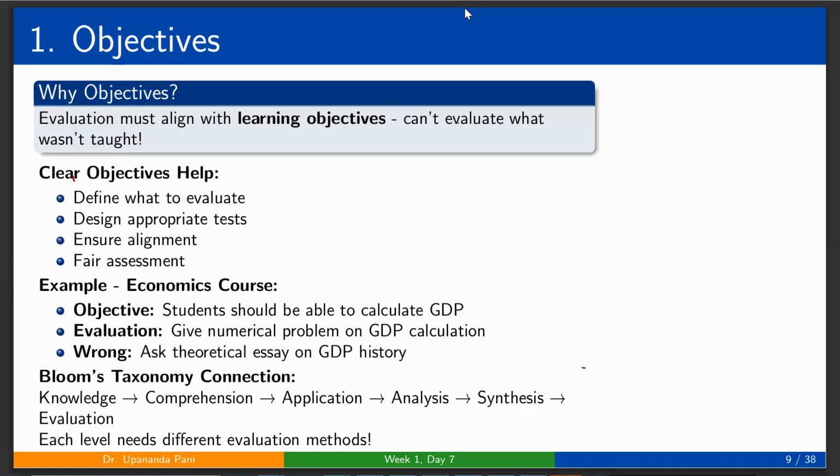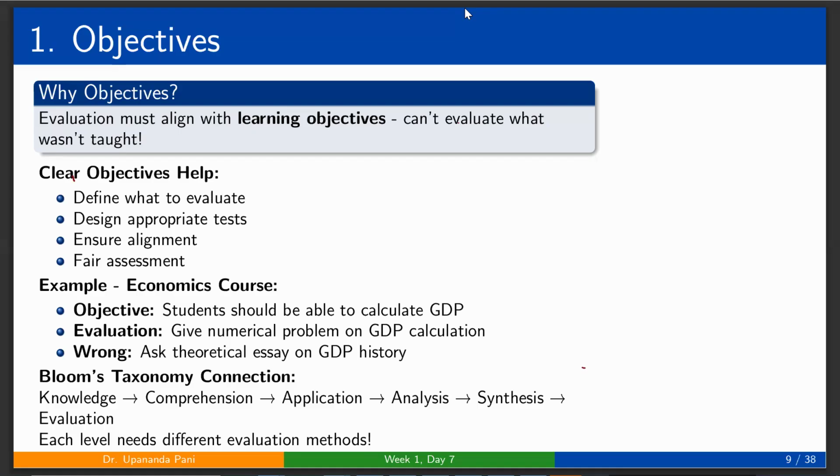So what is the connection with respect to Bloom's taxonomy here? First is knowledge. Knowledge will lead to comprehension. Comprehension will lead to application. Application will lead to analysis. Analysis will lead to synthesis. Synthesis will lead to evaluation.